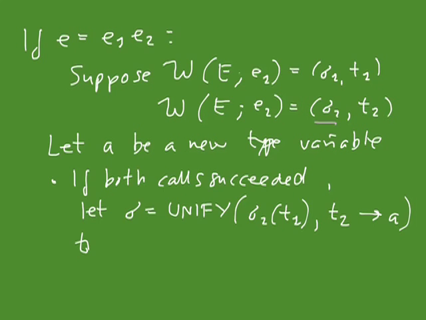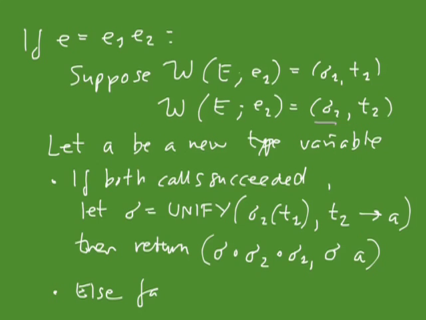Then we return a substitution. Well, it's not sigma, but it's sigma applied to the substitutions that we had before. And the type that we get is the type of A according to sigma. So that's sigma of A. And if something went wrong, if the calls did not succeed or the unification failed, we fail. So that's application.